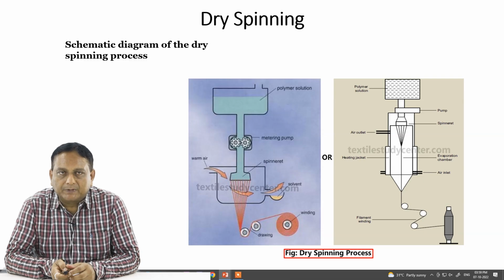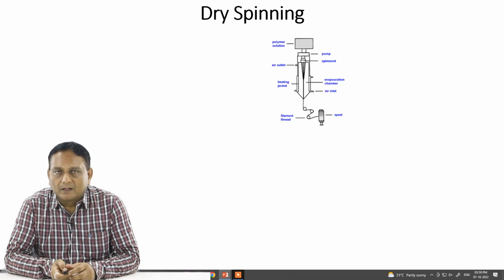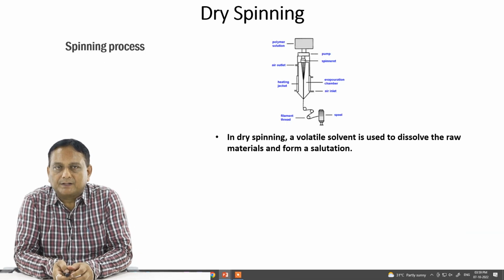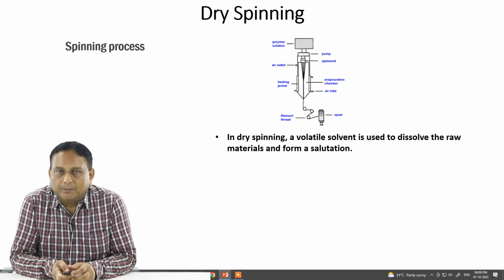Now the schematic diagram of the dry spinning process is shown here, as you can see in these photographs. To understand what dry spinning is, we have to go into this schematic diagram and understand that in dry spinning a volatile solvent is used to dissolve the raw materials and form a solution. That is important here.